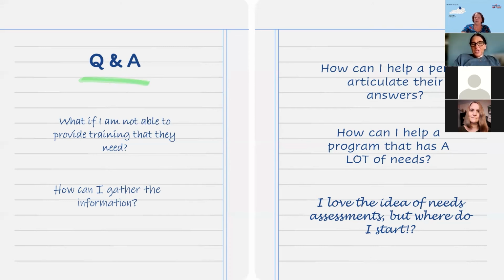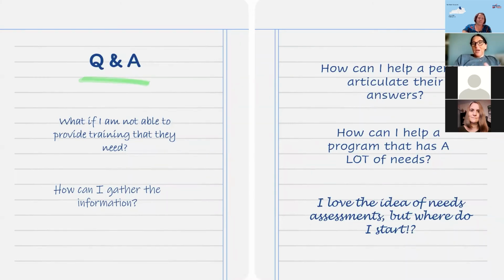Okay, the next question is, how can I help a program that has a lot of needs? If you go into a program and you have a director's interview, or they've got reports and a lot of areas they need help with, I would recommend doing several trainings for the center.